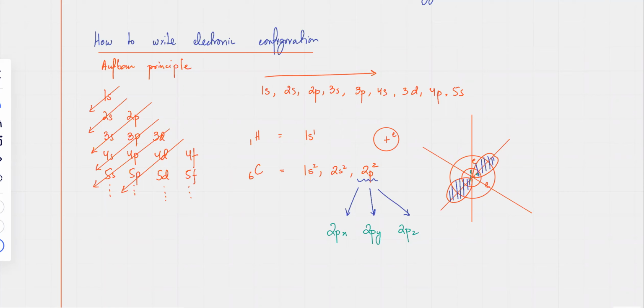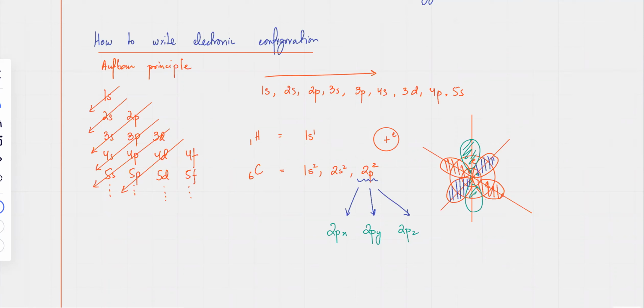Or, remember, there are 3 different types: 2px, 2py, and 2pz. So there could be another region, and electrons could exist in that area. There could be an electron on the other axis, or there could be a third one where the electron could reside on the z-axis.